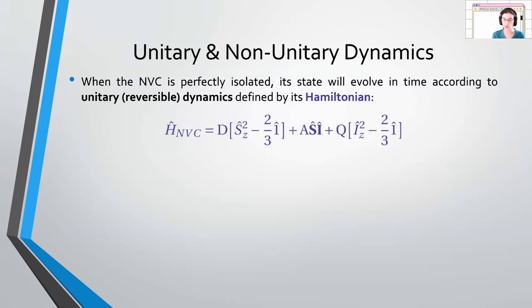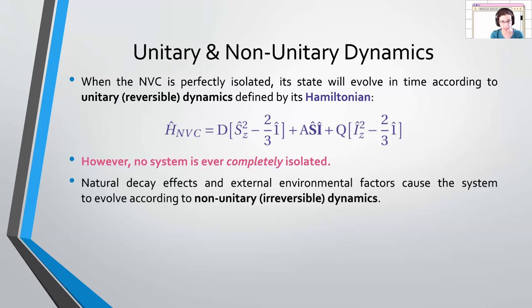However, not everything is reversible, because if you have something that is interfering with the system, like an external magnetic field or an external electric field, or you're pushing on the diamond, like straining it somehow, then this equation will not work, because you're going to have things that are non-reversible, like decay. Those are irreversible dynamics.